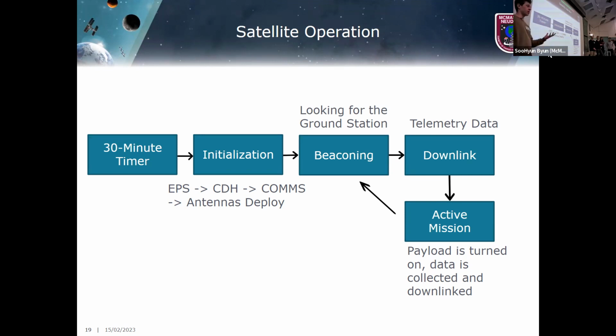And when they've tested themselves, finally we turn on comms, deploy the antennas, and then we start beaconing, which is sending messages down to the ground to let us know that the satellite is operational and that everything is going okay. At that point, if we decide everything's going okay, we'll move into the active mission, and that's where we'll actually start collecting science data.